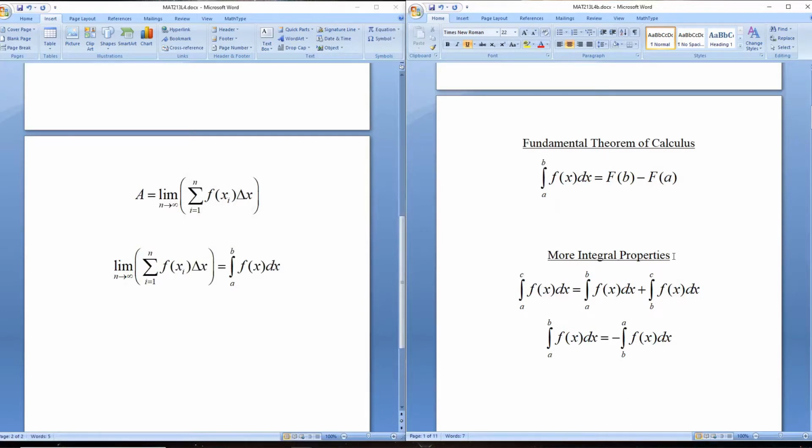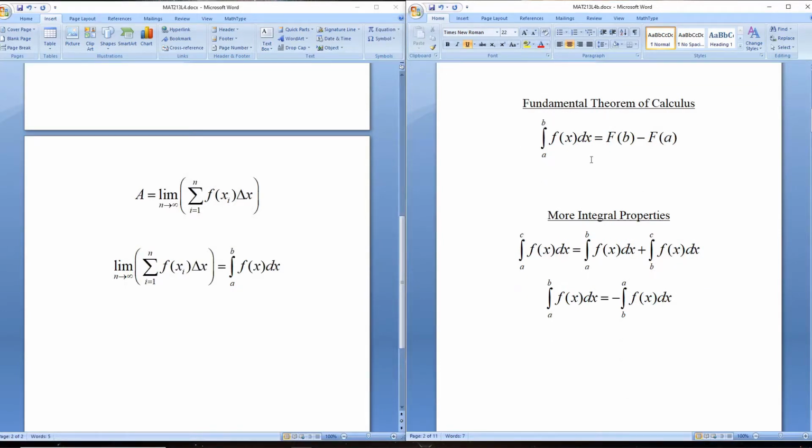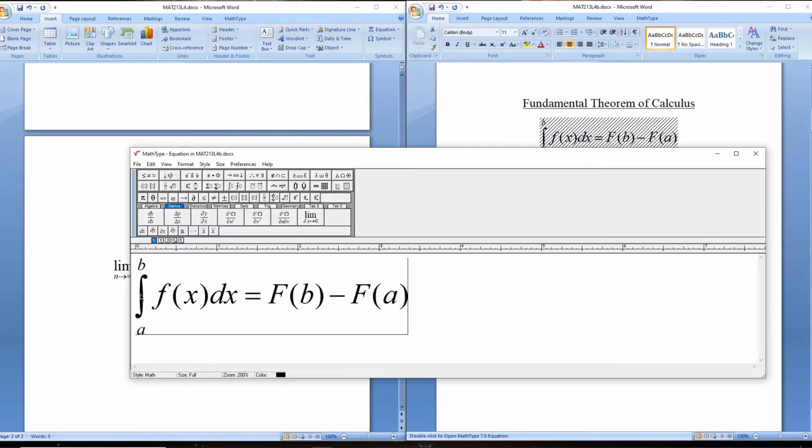The fundamental theorem of calculus has found that this integral expression is actually equal to, where these capital F's are the antiderivative. That's what you've been practicing to get, the antiderivative, this capital F. Once you integrate and have your antiderivative, you simply plug in the endpoints and subtract.